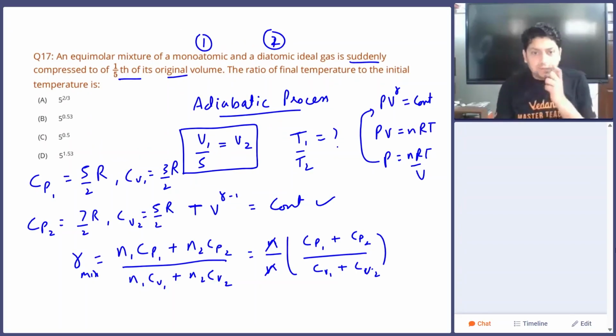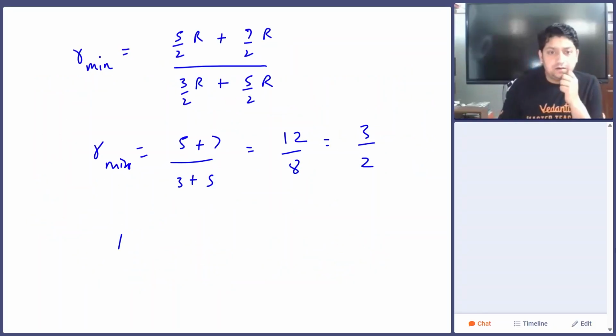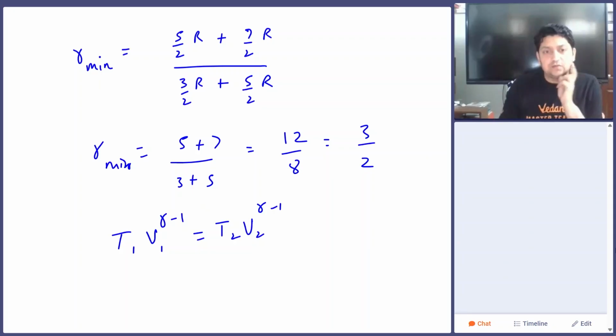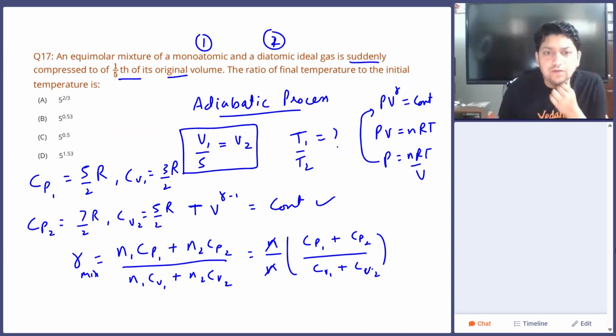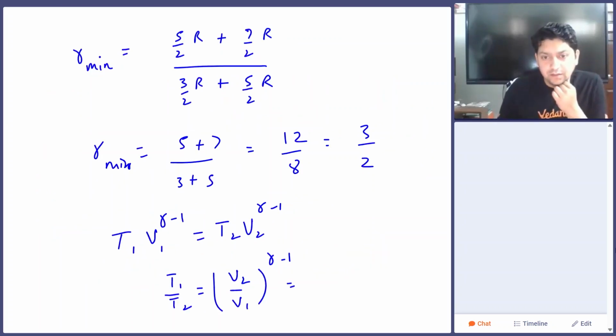Okay, now gamma we can use. T1 V1 raised to power gamma minus 1 is equal to T2 V2 raised to power gamma minus 1. So T1 by T2 will be equal to V2 by V1 having power gamma minus 1. V2 is V1 by 5.